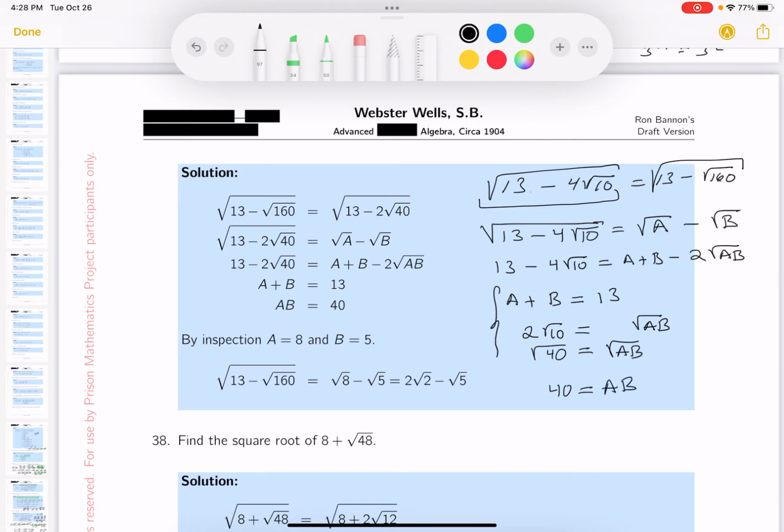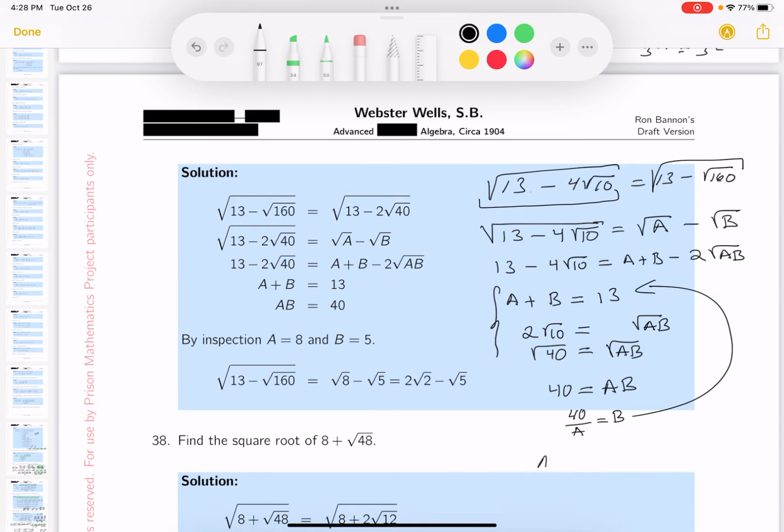And then I'm going to try to solve that for either A or B. I guess I could solve it for either one. It doesn't really matter to me. So let's say 40 over A is what B is. Then I'll plug it in up here. What do you get?